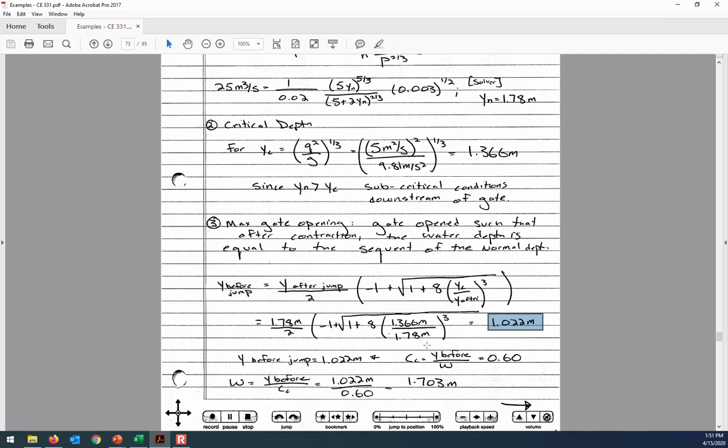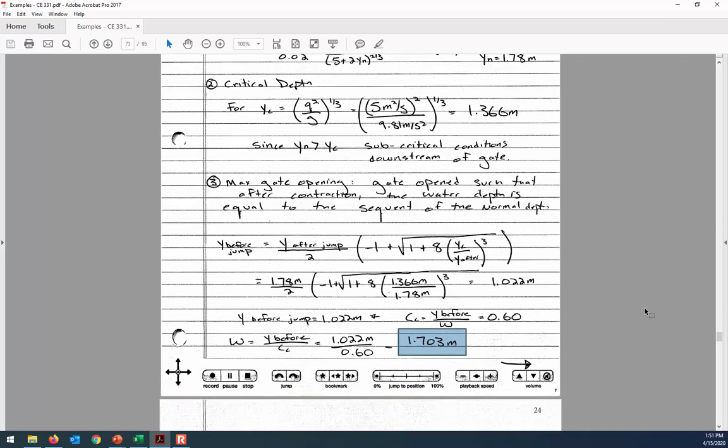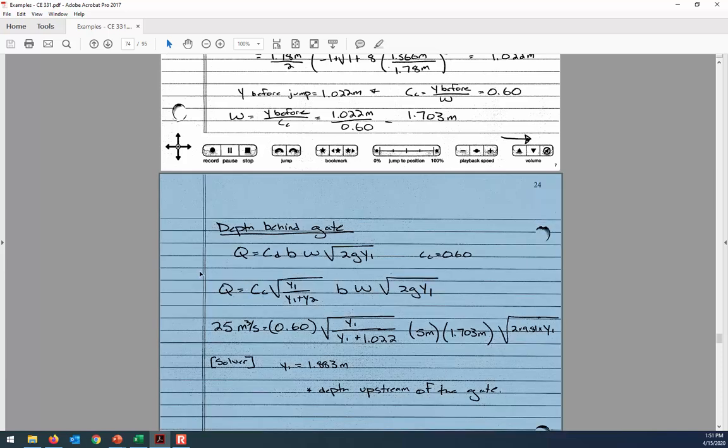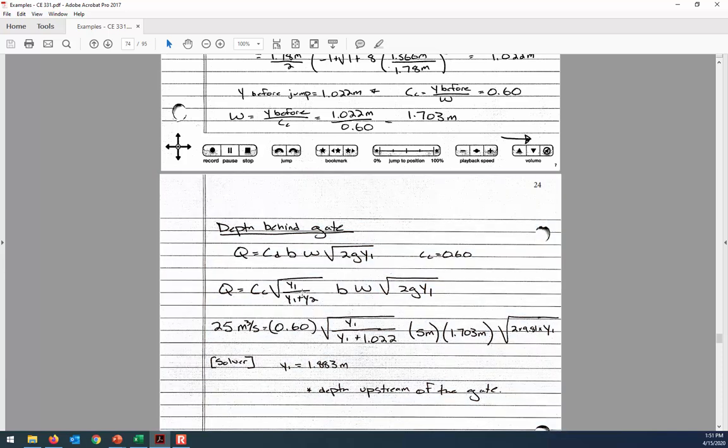And so then the gate can be opened 1.703 meters because of the coefficient of contraction. And then finally the depth behind the gate: if we use the gate flow equation, the only unknown is going to be Y1, because we have every other parameter like the flow rate, the coefficient of contraction, the Y2 depth.